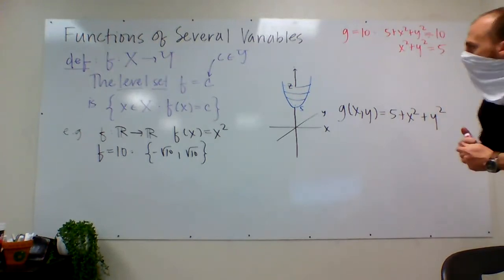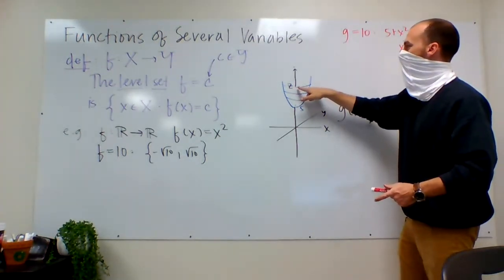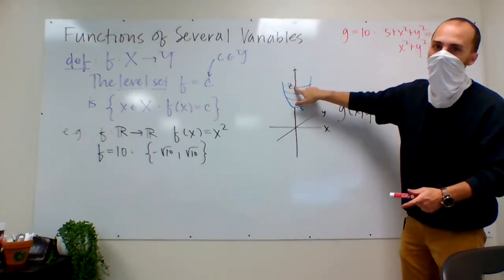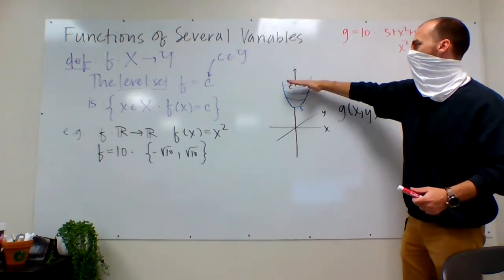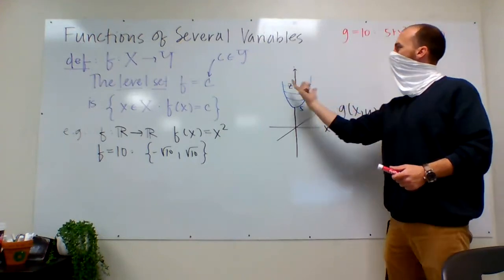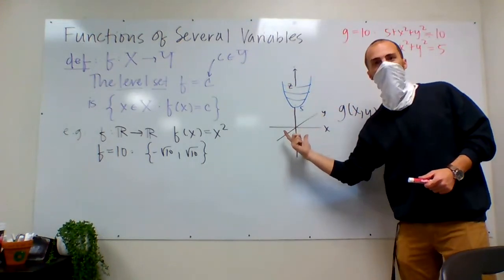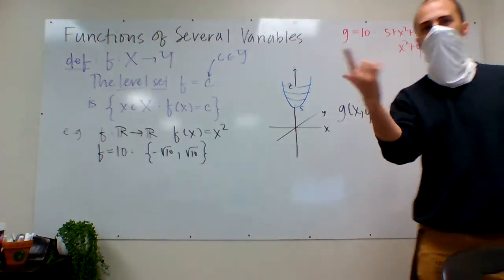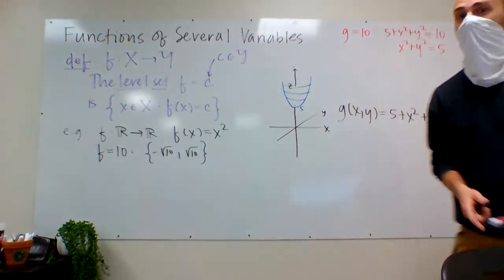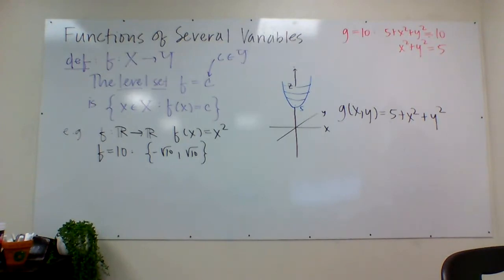Now, I could envision if this was 10 right here, this arc here, the flat level z equals 10. If we took that and projected down onto the xy plane, we're going to get a circle. Think about this nicely rotated parabola.